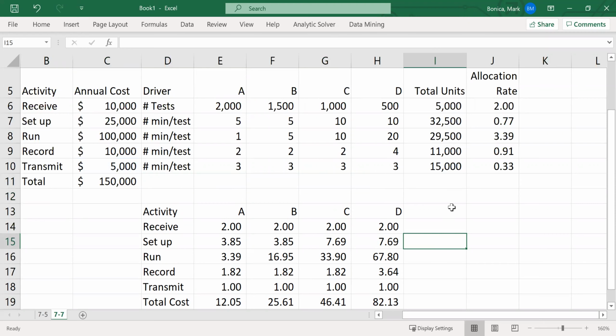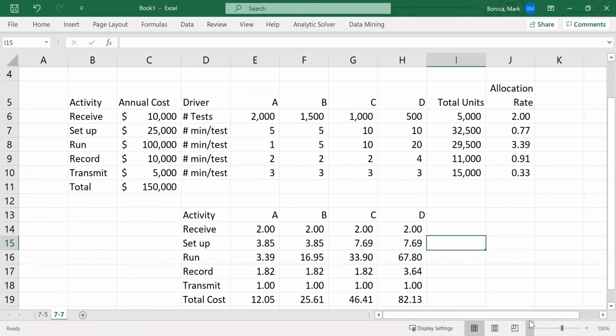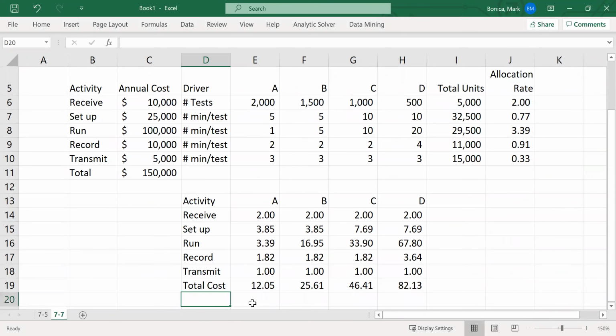So we have now estimated, I'm going to make this just a tiny bit smaller so I can get one more line in. So total cost per test, I should say, per test. If we want to now verify that we've appropriately allocated that 150,000 across each of these tests.